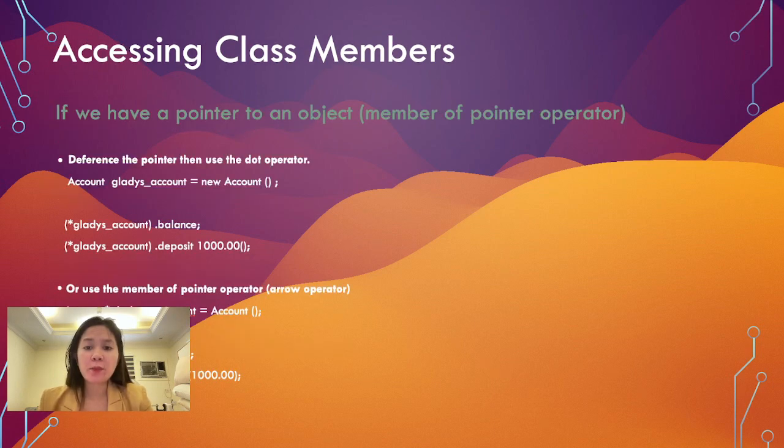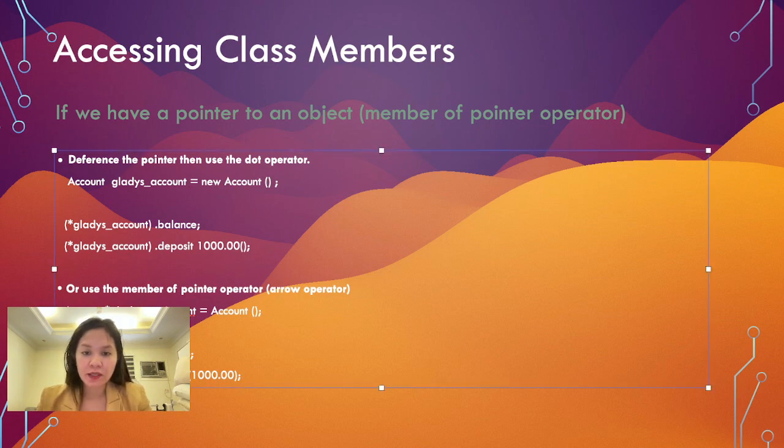Accessing class members if you have a pointer to an object: dereference the pointer, then use the dot operator, like Account *Gladys_account = new Account(); then (*Gladys_account).balance and (*Gladys_account).deposit(1000), or use the member of pointer operator, the arrow operator.